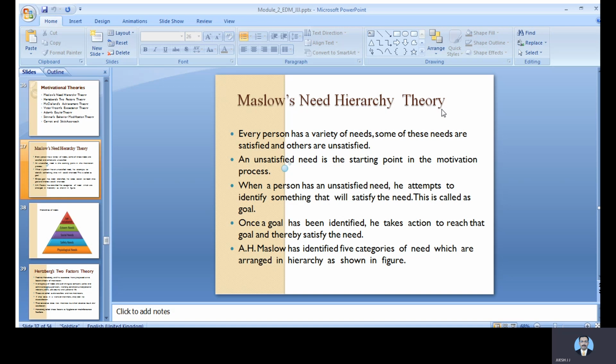Maslow has identified five categories of needs, arranged in a hierarchy as shown in the next figure, so you can see the main needs to be fulfilled.